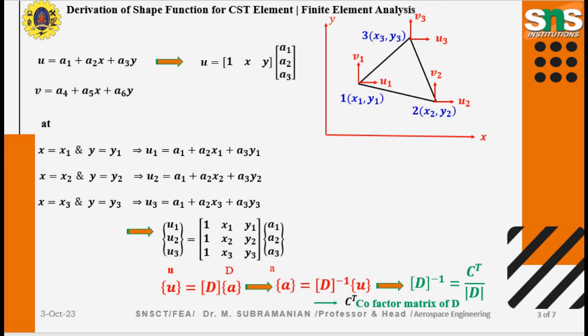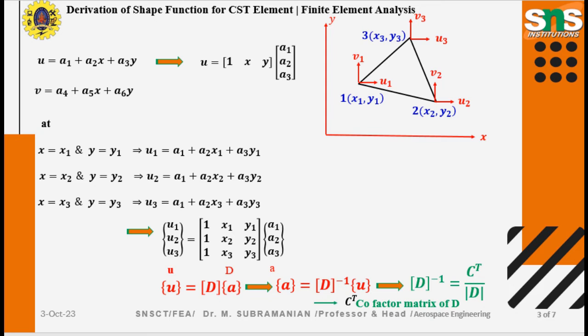So we can convert this u into a matrix, that is u is equal to [1 x y] times a1, a2 and a3. So first we have to find out the values of a1, a2 and a3, and we have to substitute them in the equation to find the value of u. We know that at node 1, x is equal to x1, y is equal to y1.